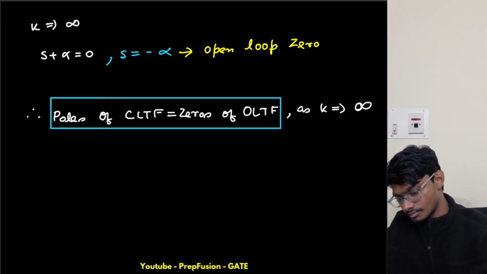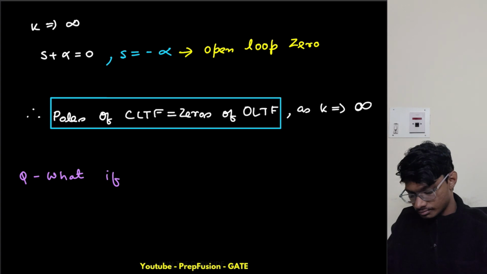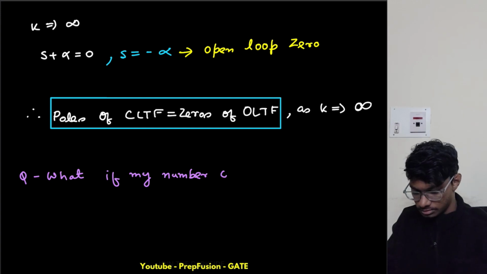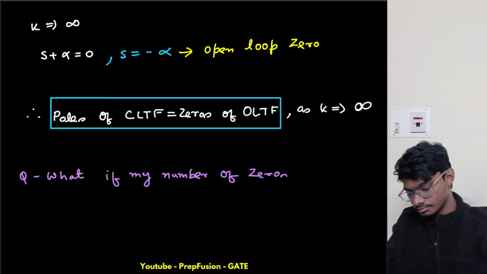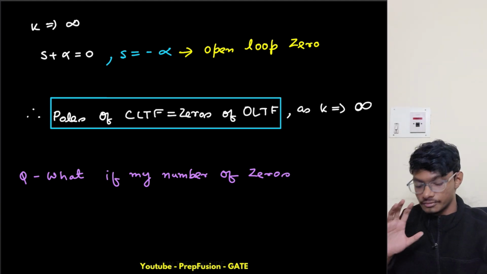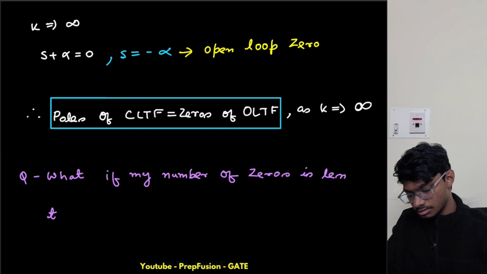Now what if my number of zeros is less than my number of poles.